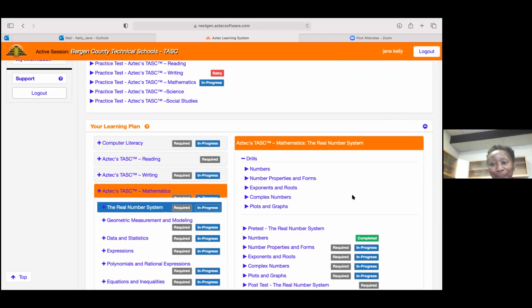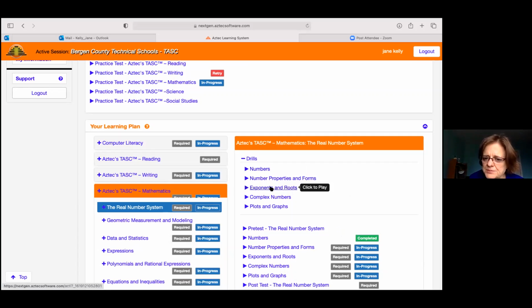Because 80 is a little high. I got 7 out of 10. You can't change the mastery level, unfortunately, but it will not stop you. So if you got 70%, you don't have to do exponents and roots again if you don't want to. It doesn't force you or block you in that way.